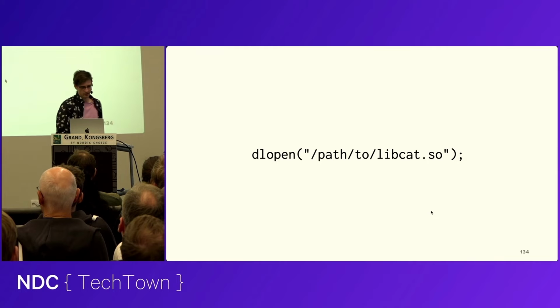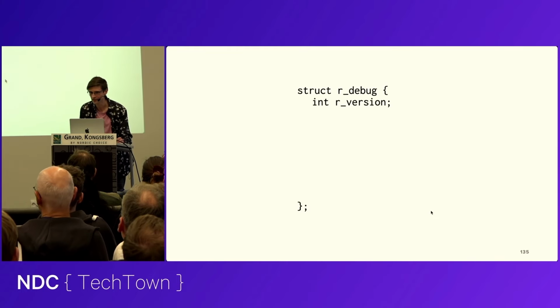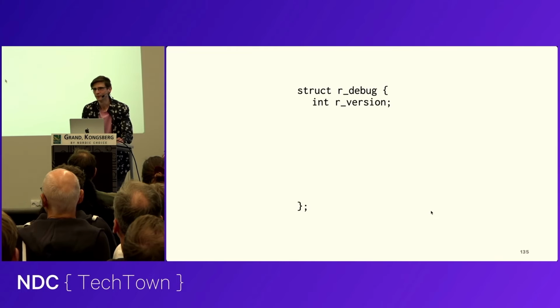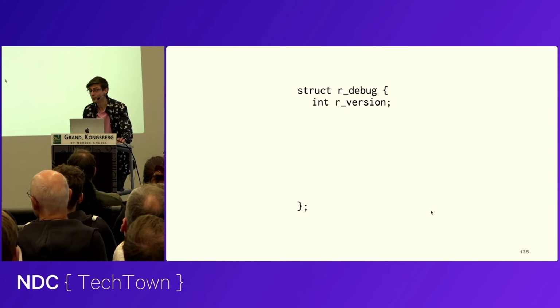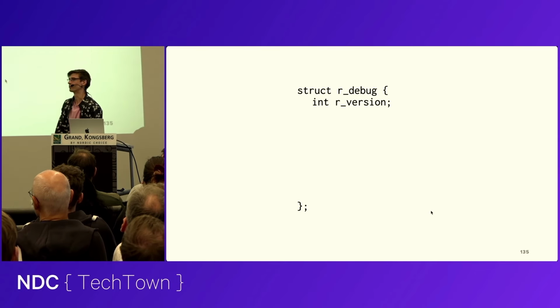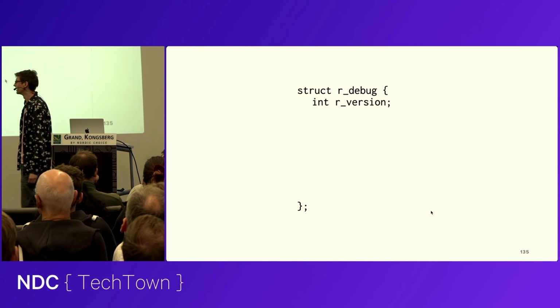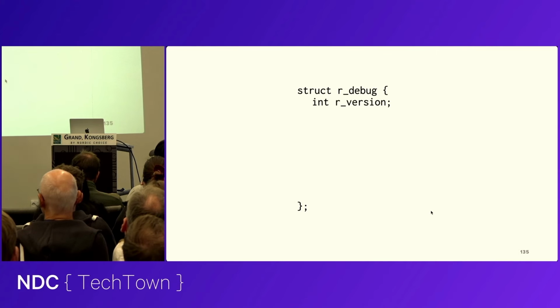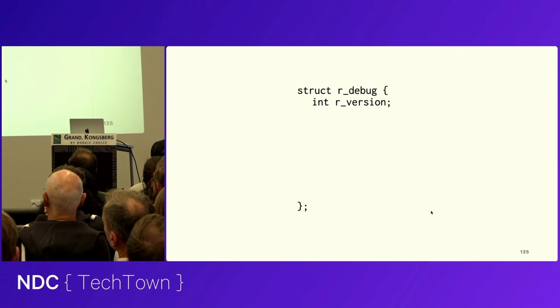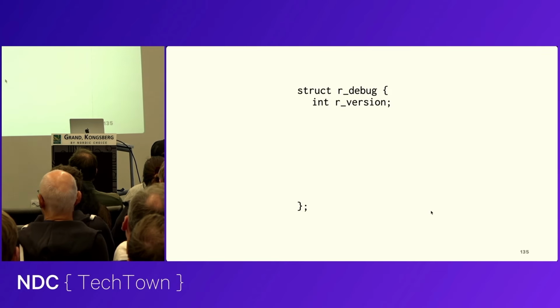So there's this thing called the debug rendezvous structure, which is stored at a known location at runtime in your program on Linux. There's this thing called the dynamic section, which is loaded somewhere that you can get to, and you can parse that information and find this structure.